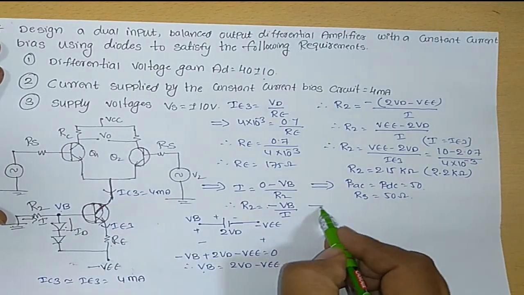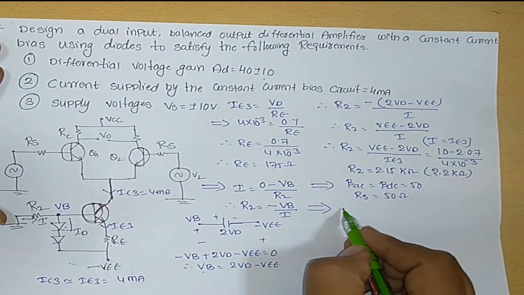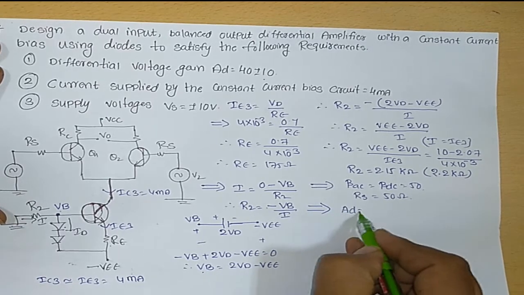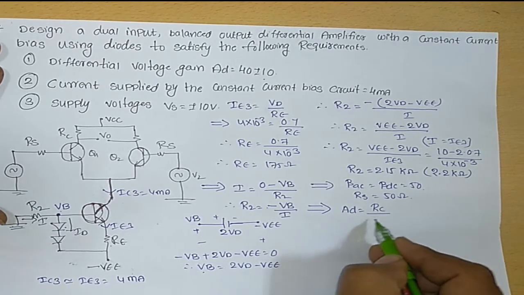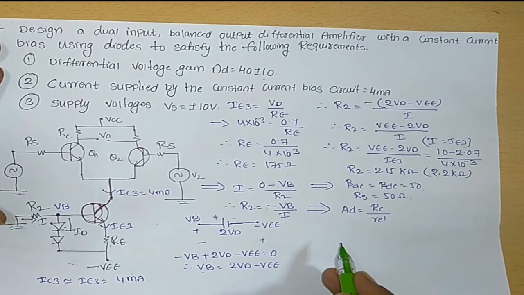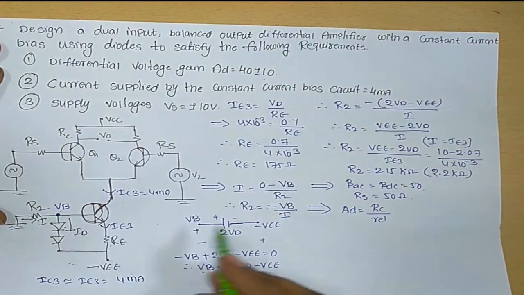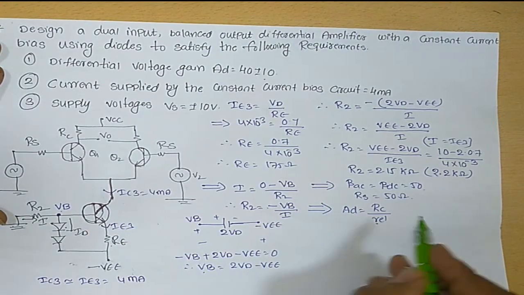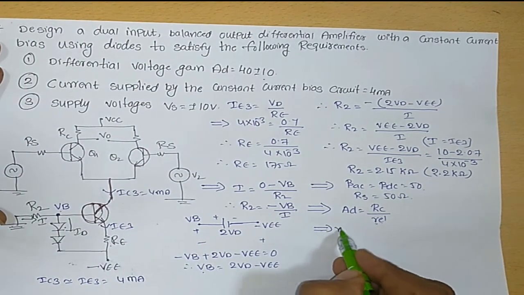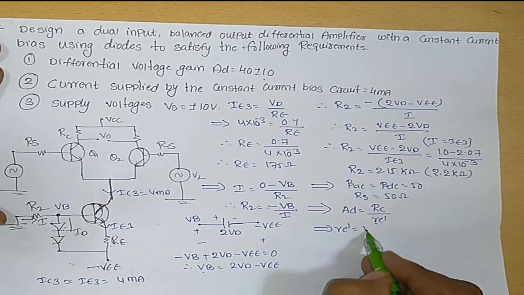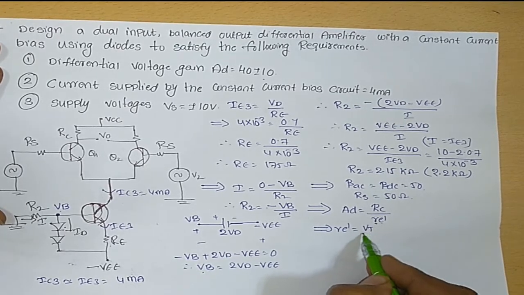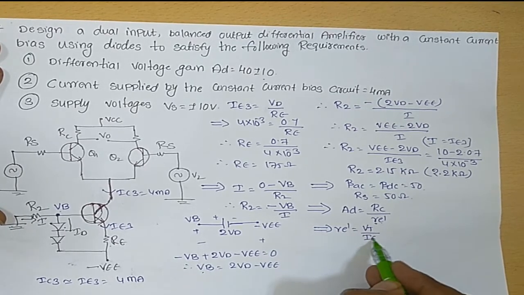We know that this differential amplifier gain AD equals RC by RE dash. So here we know this AD value and we estimate this RE dash. How to estimate RE dash? RE dash equals thermal voltage VT by IE. Clear?